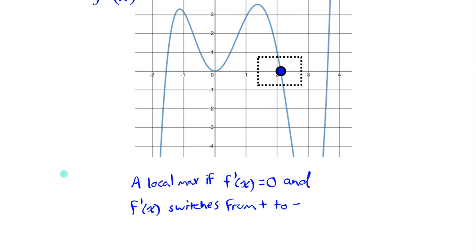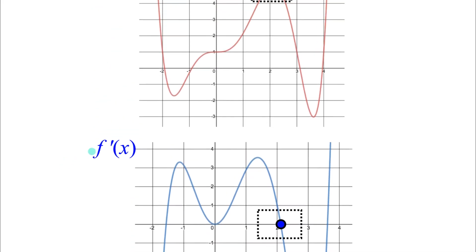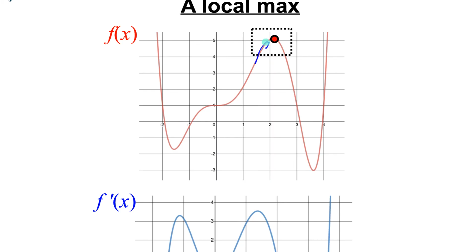Because if the derivative switches from positive to negative, that means the original function went from increasing to decreasing, which means the place where the derivative is 0, where it has a horizontal tangent, must be a local max.